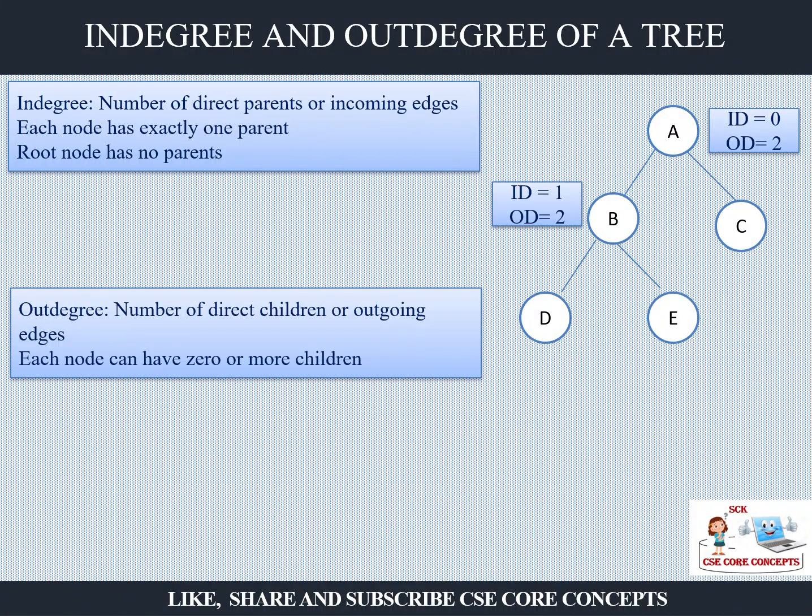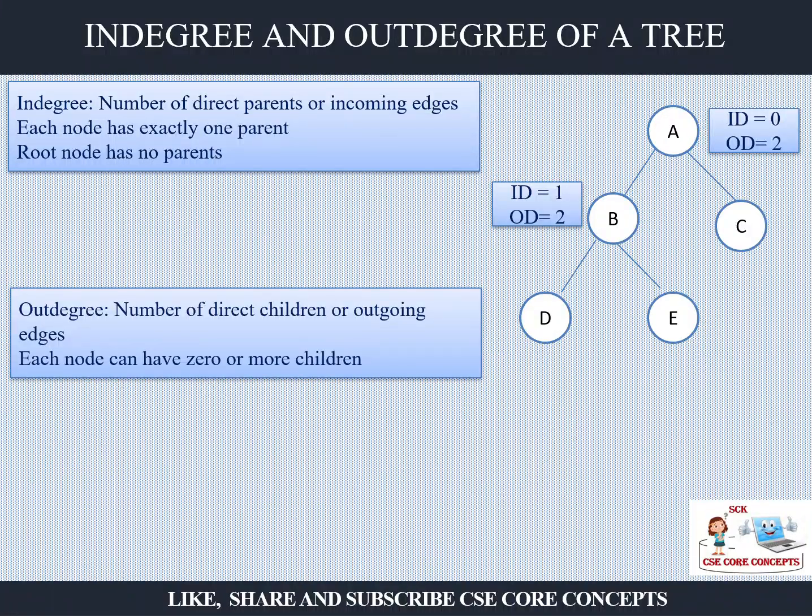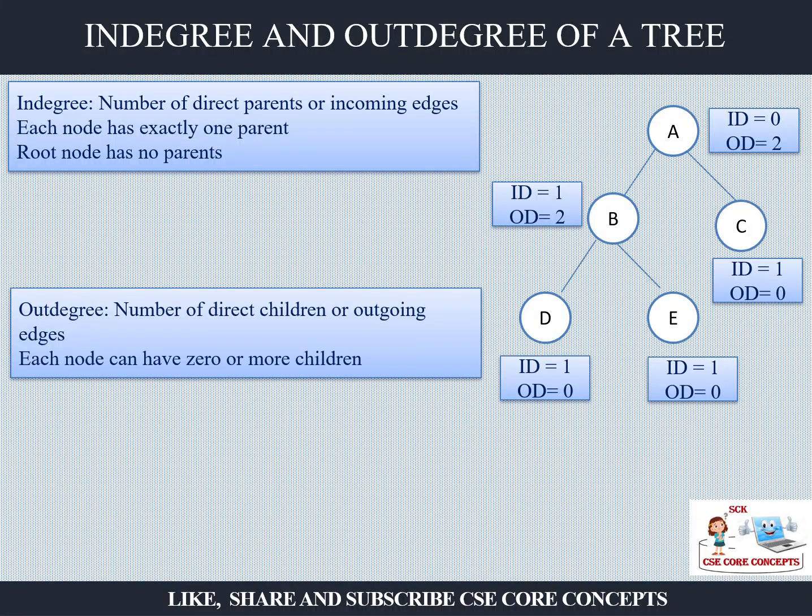Now consider B. Incoming is 1 because it is inherited from one parent, A. So incoming towards B is 1, coming from A, and out degree is 2 because it has two children, D and E. Now similarly for C, in degree is 1 because it has only one parent. The in degree of the root node is always 0 because it has no parents.